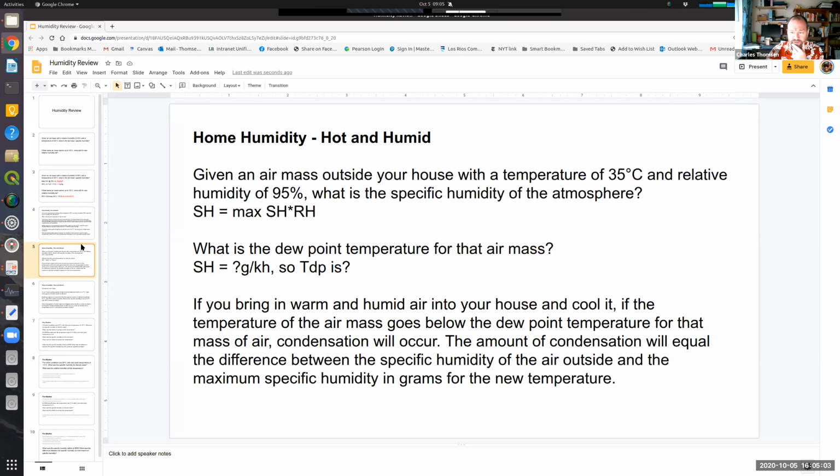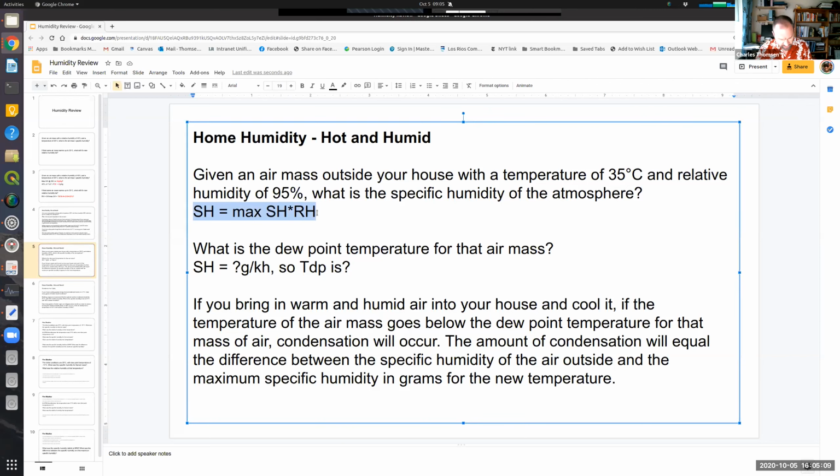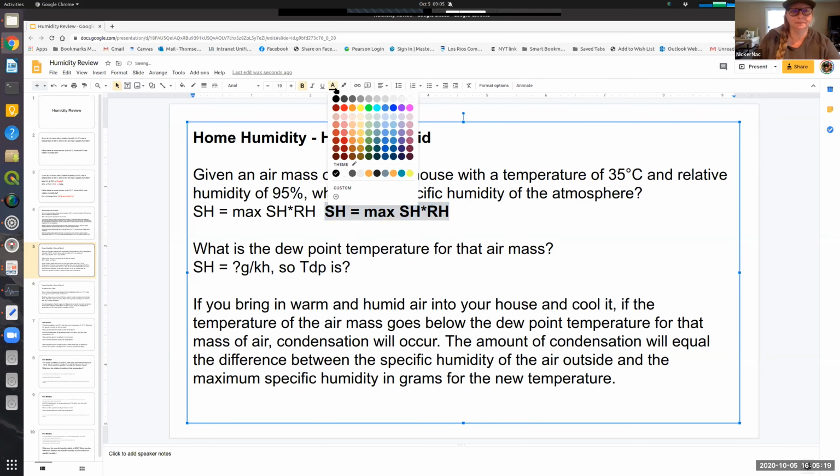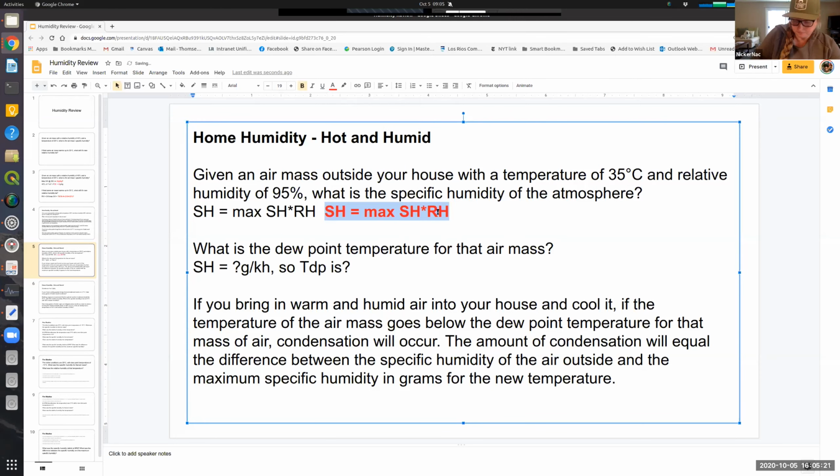So what do we know? We know it's 35 Celsius and the relative humidity is 95%. So what's the specific humidity? Okay. So we know the relative humidity, right? Correct. So that's 0.95.